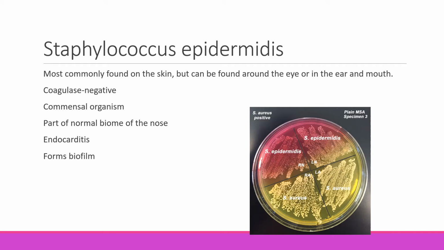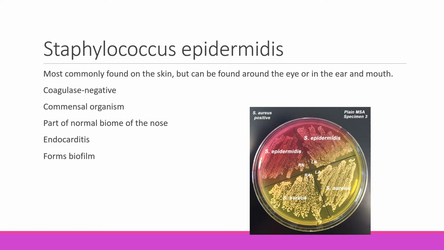It's a commensal organism, so it's part of our normal flora of the nose. It is a frequent cause of IV catheter, urinary, and prosthetic device infections, as well as acute bacterial endocarditis when there is some sort of intracardiac prosthesis implanted, like a heart valve.